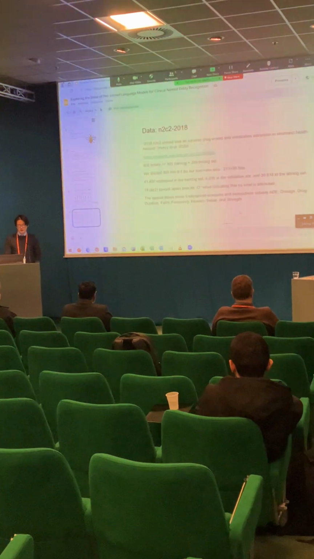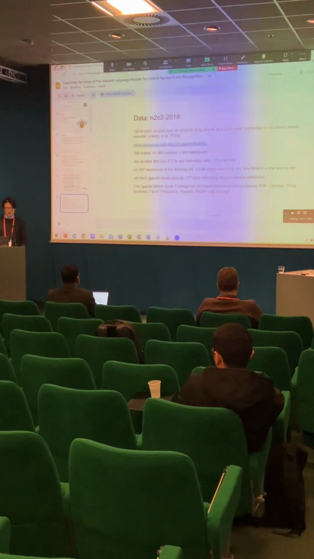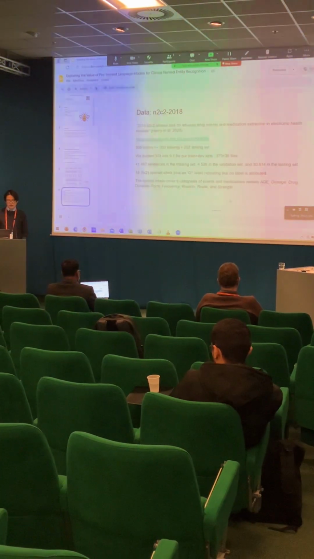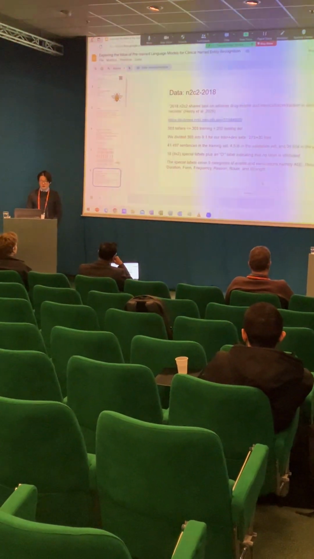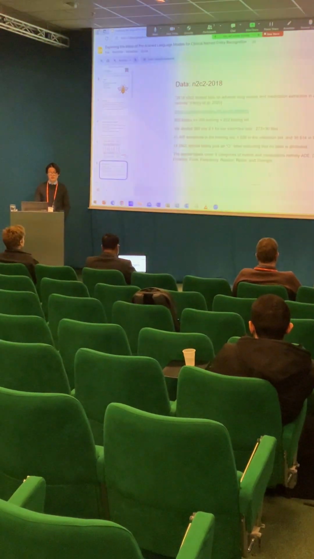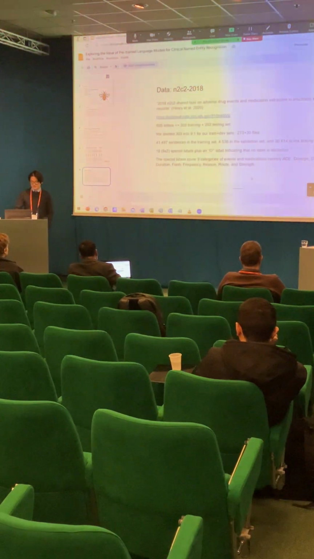In total, we calculate around 41K sentences in the training set, 4.5K in the validation set, and 30K in the testing set. So the testing set here is not that small compared to the training set, for generalizability.